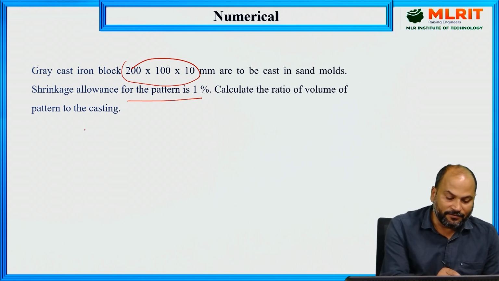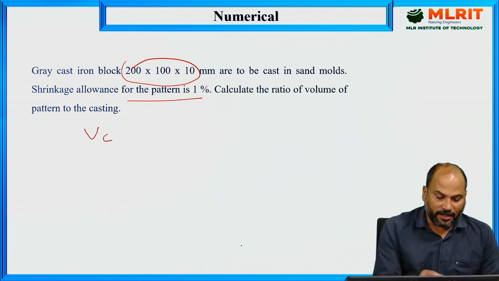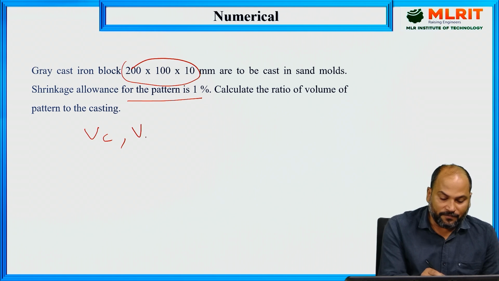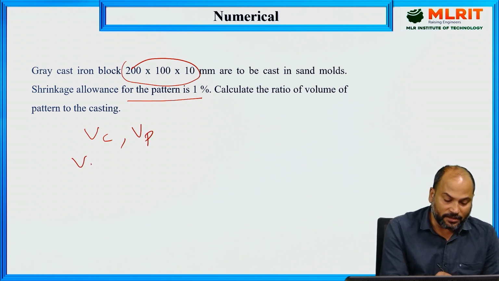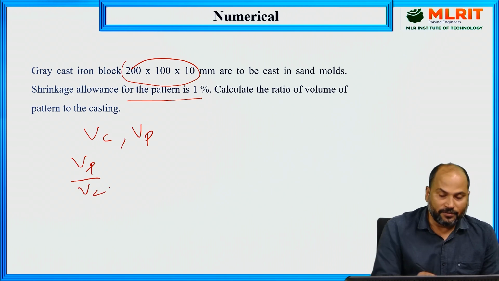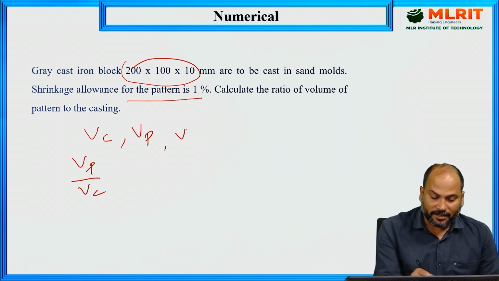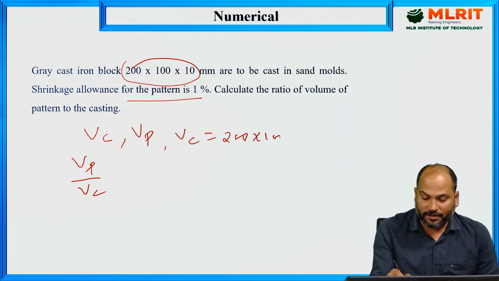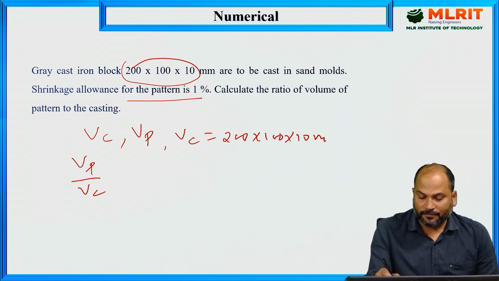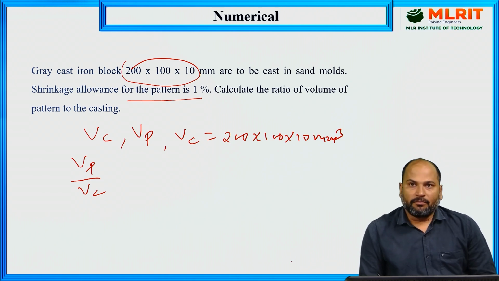If we write Vc as the volume of the casting, and Vp as the volume of the pattern, then we have to calculate the ratio Vp upon Vc, that is, the ratio of the volume of the pattern to the volume of the casting. What will be the volume of the casting? Directly we can write it, because all the dimensions are given. It is 200 by 100 by 10, in mm cube. But what will be the volume of the pattern?